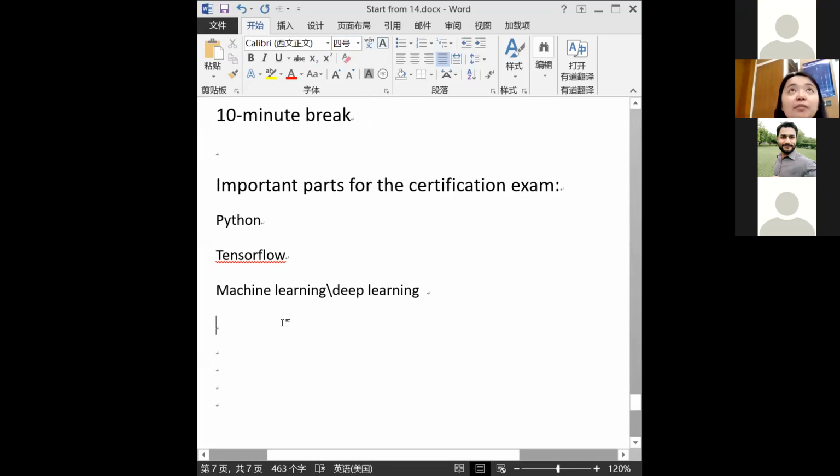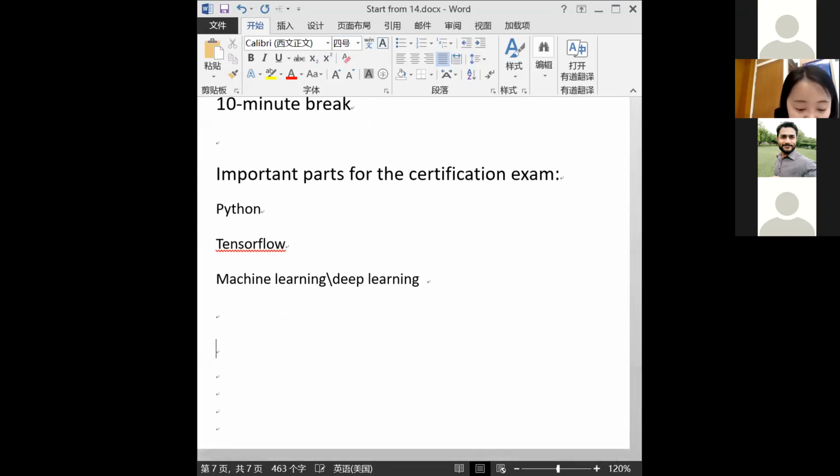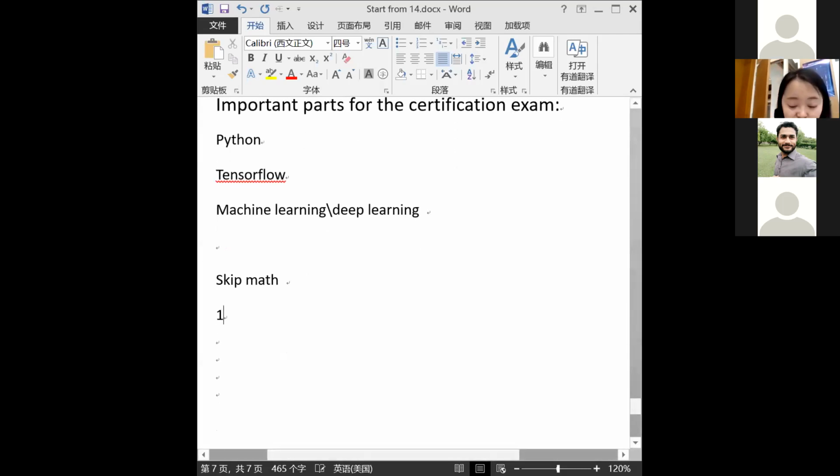And some of you ask why we just skip the math part. There are two reasons why we skip the math part. The first reason is the time. The time is limited. We only have 3 hours every day, so we cannot talk about math in details.